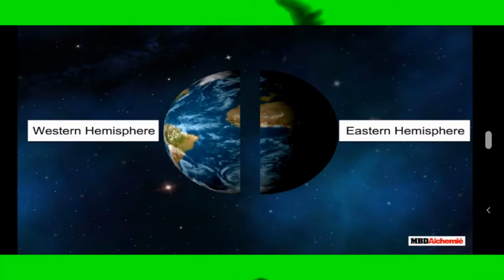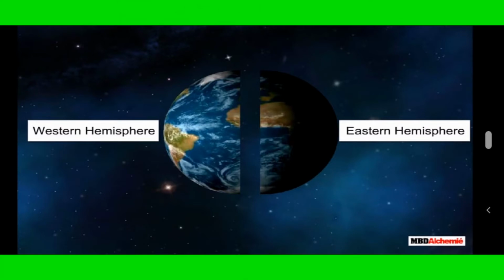Now, as we have seen that the line of equator divides the earth into two parts, the northern hemisphere and the southern hemisphere, in the same way here the 0-degree longitude and the 180-degree longitude divides the earth into two parts, the eastern hemisphere and the western hemisphere.